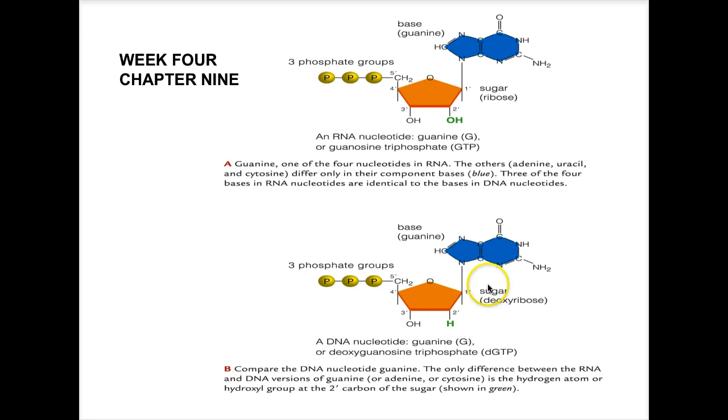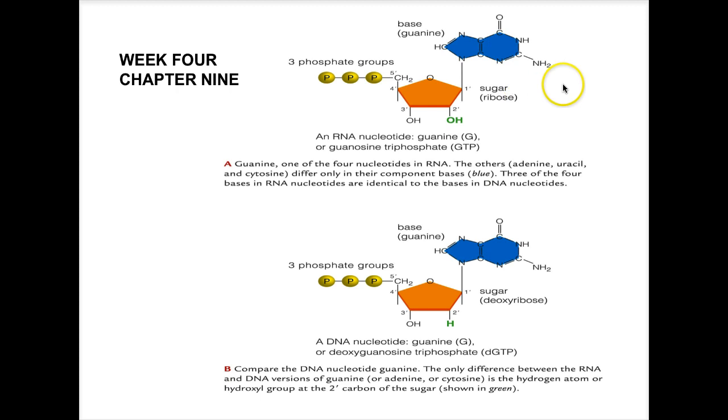Also similar to both RNA and DNA nucleotides are the nitrogenous bases, in the sense that the 4 nitrogenous bases present in DNA, which are adenine, thymine, cytosine, and guanine, are also present in RNA, except uracil takes the place of the thymine.